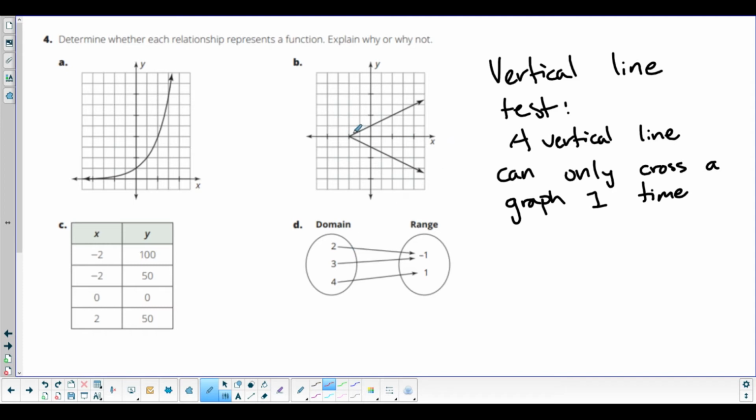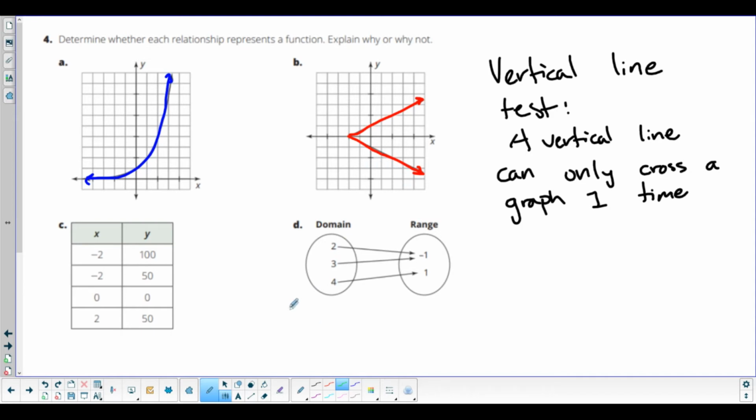One thing I like to do is recolor my lines so that I can visually see the vertical line. I'm not talking about the axes or any of the boundary markers. It's just whatever I've plotted. A vertical line can only pass through it a maximum of one time. In other words, if a graph ever loops over itself, then you know it's not a function.